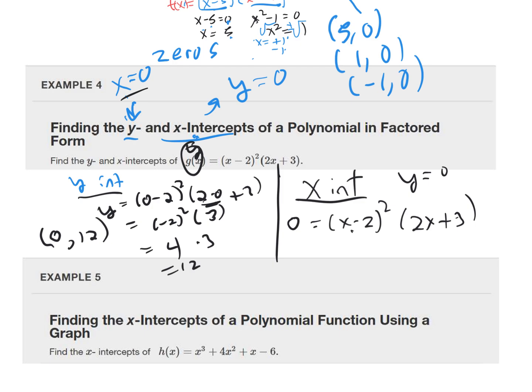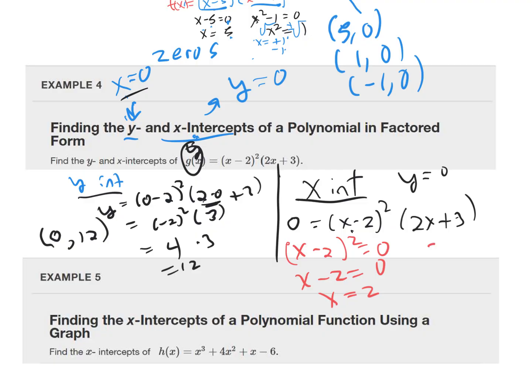So I write out x minus 2 squared does equal 0. But when you square root both sides, you still get a 0. So x minus 2 is 0. That means x is 2. That's one of my zeros. That's one of my x-intercepts.